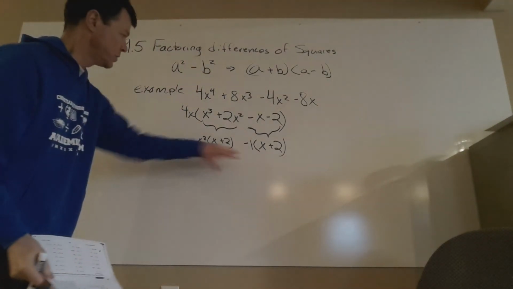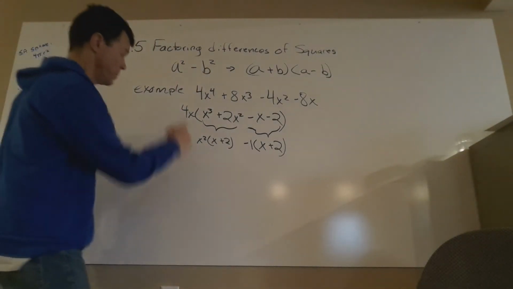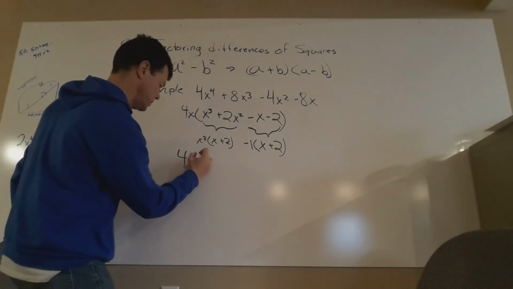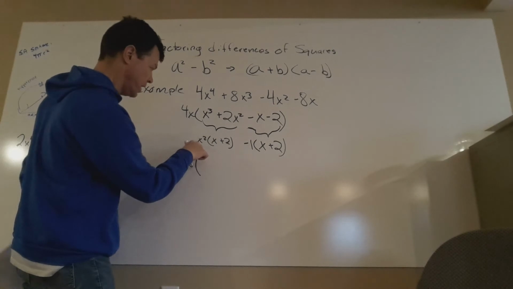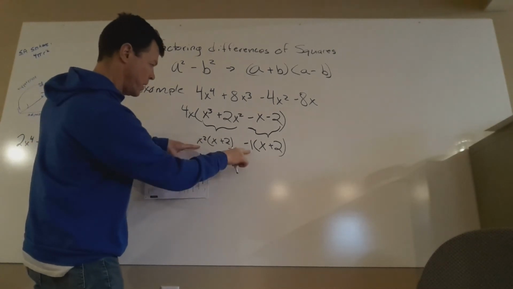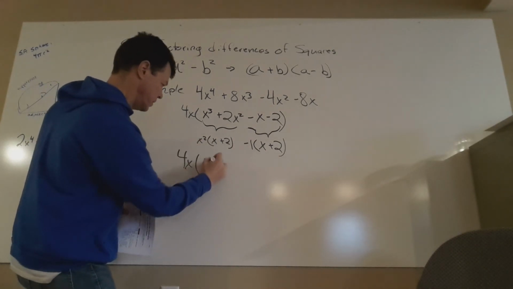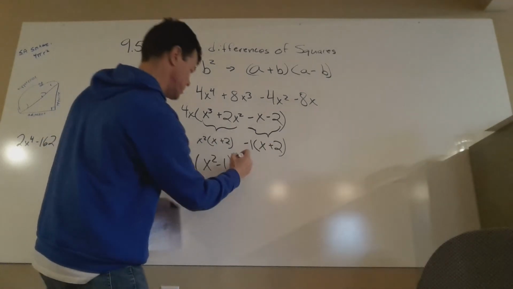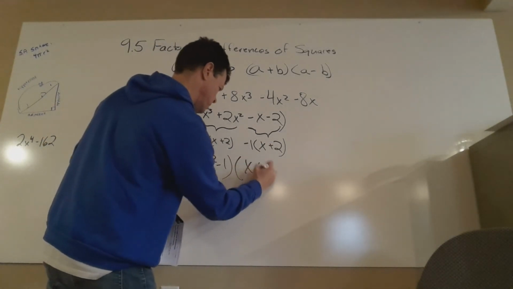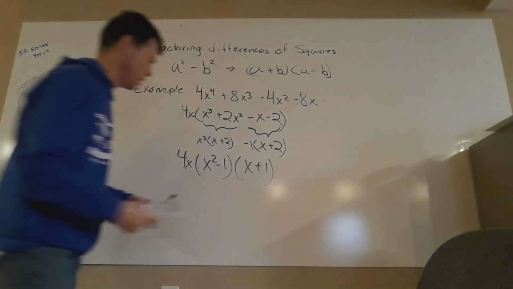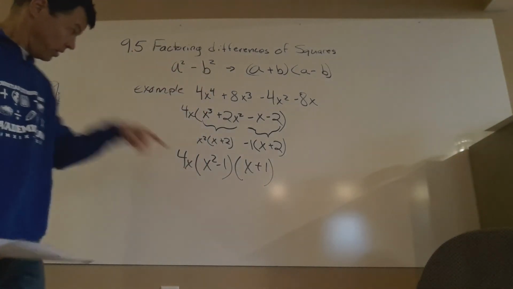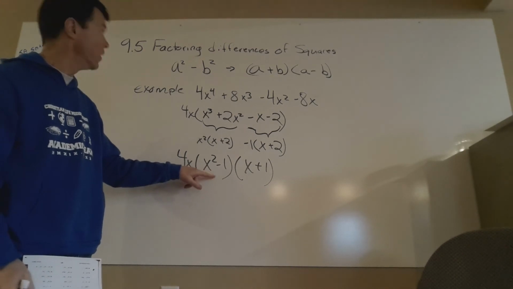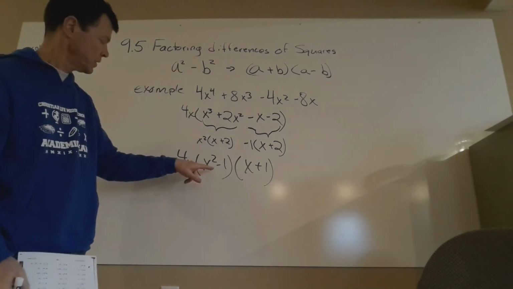All right, let's rewrite all this. Remember to include your 4x. So 4x. Then we have x squared minus 1. Then x plus 1. Looking at this, can we factor this using our difference of squares?